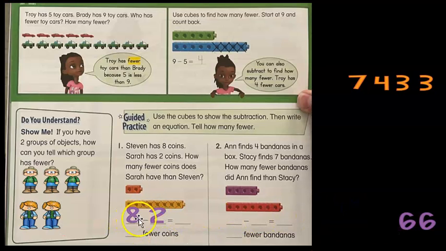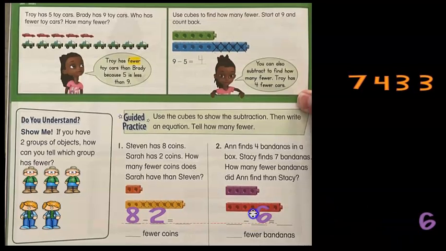Now watch. 8 minus 2 equals, and we need our answer here. Now boys and girls, look. They already X'd out the cubes that are right here because look, there's no orange cubes on top of them. Okay? So look, our answer is going to be 1, 2, 3, 4, 5, 6.